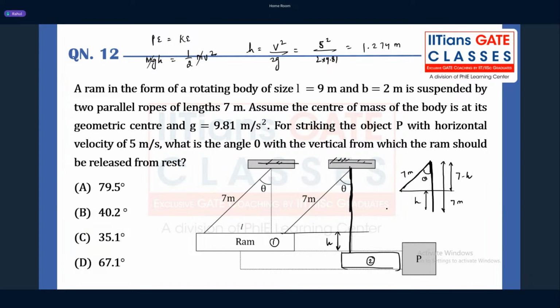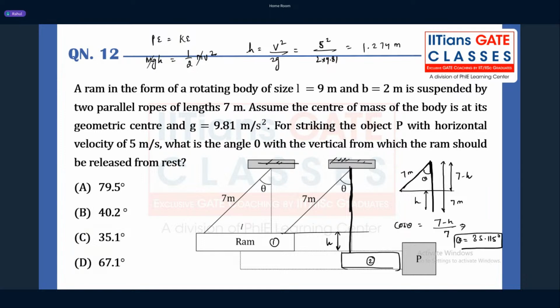So can you calculate the value of theta? Cos theta will be 7 minus h over 7. 7 minus h is 7 minus 1.274, over 7. Take cos inverse of that, and you will get theta as 35.115 degree.